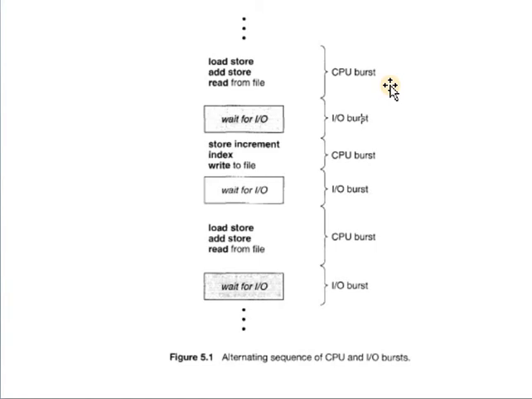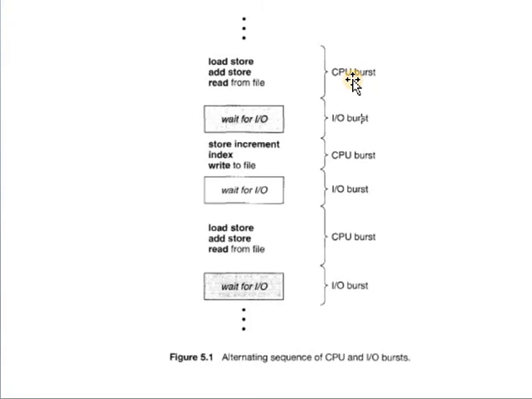While scheduling, each process gets to use the CPU for its slice. That slice is called a CPU burst.